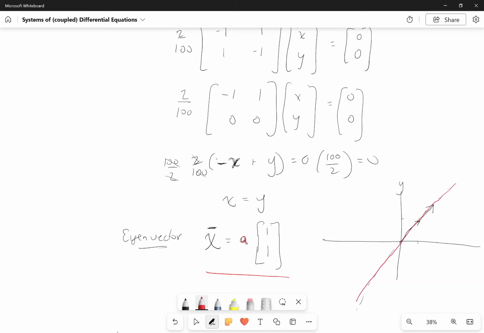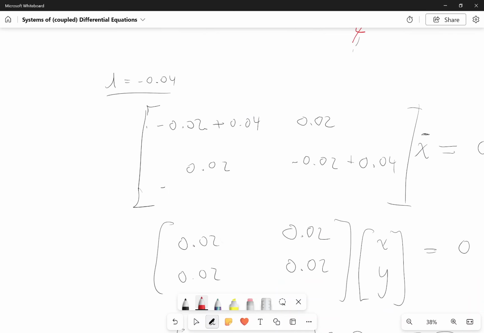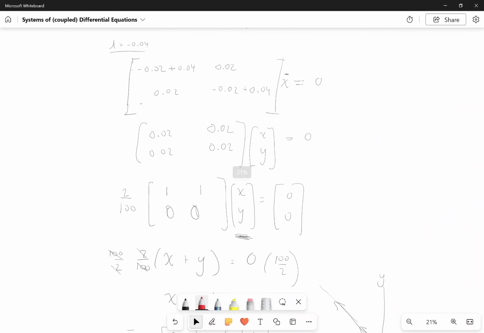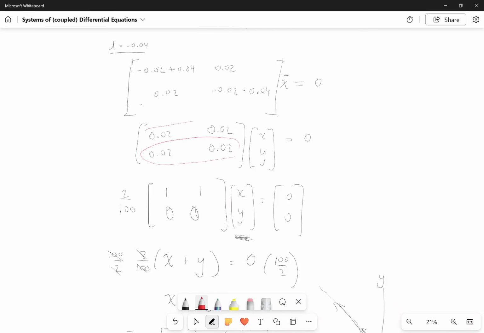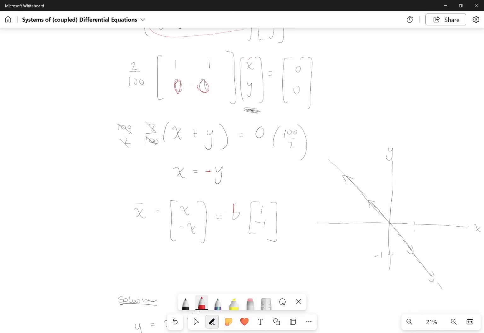That is, any vector that's on that line. For the other one, this row and this row are repeats. You can do row 2 minus row 1 equals row 2, and you get 0, 0. This just gives us x equals minus y for this column vector, which means you can have any scalar times (1, negative 1).